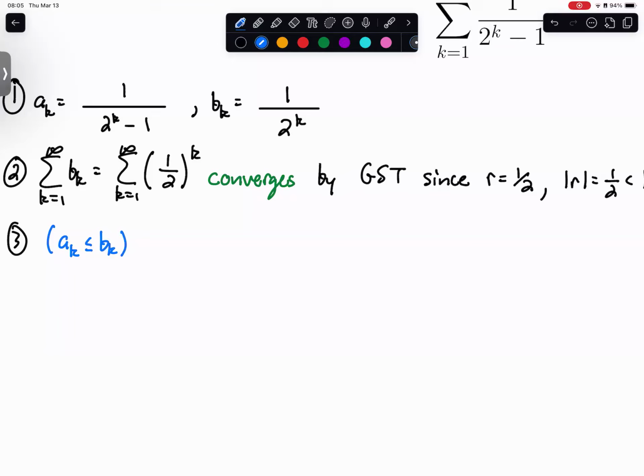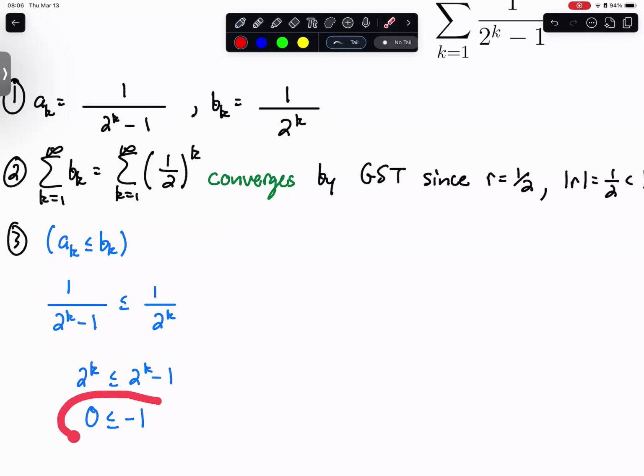Well, if I were to do that, let's do our scratch work on the side here. That means I'll have to show 1 over 2k minus 1 is less than or equal to 1 over 2 to the k. It's not obvious if that's true or not, so let's do some manipulation to see where we can go. After doing some manipulation, you would notice very quickly that we would have a problem if we try to use direct comparison tests.